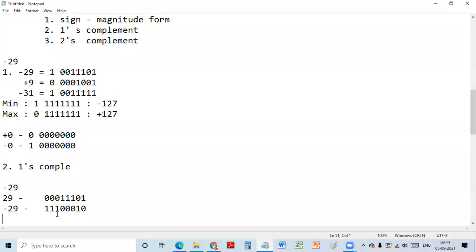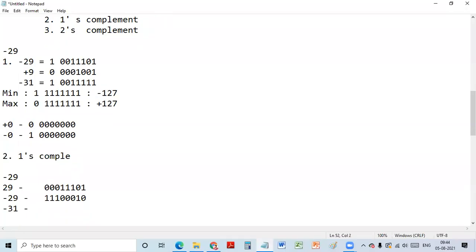So let us suppose now, what is -31? To have -31, first represent +31. How can I represent +31? 0, 0, 0, 1, 1, 1, 1, 1. This is +31, right?